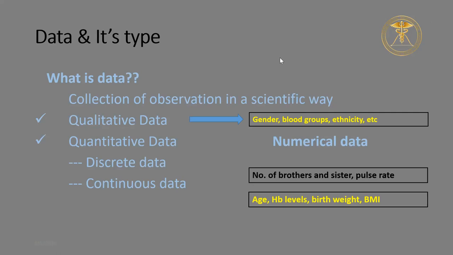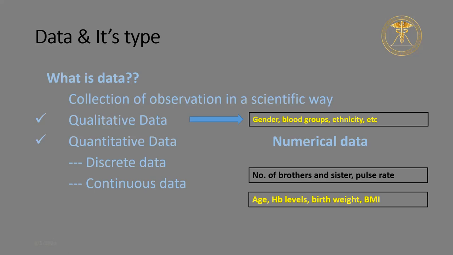And continuous data is the data that can pass through each and every possible number, like age, HB level, birth weight, body mass index. As you can say, age can be represented in the form of decimals.